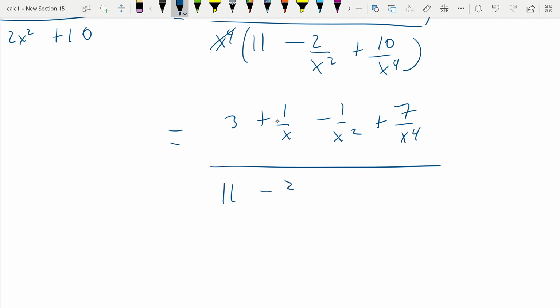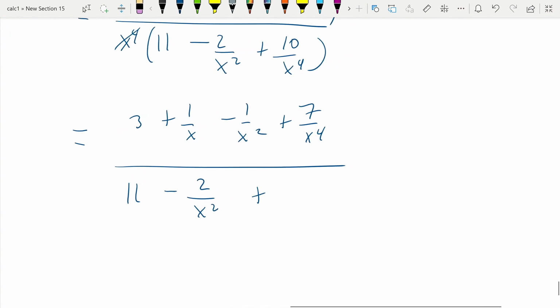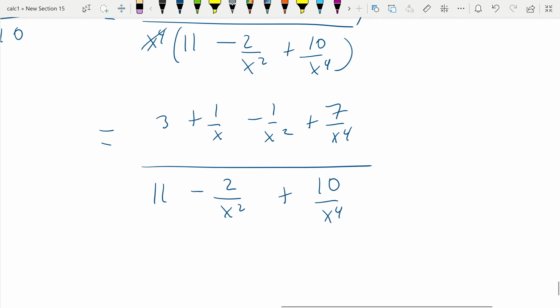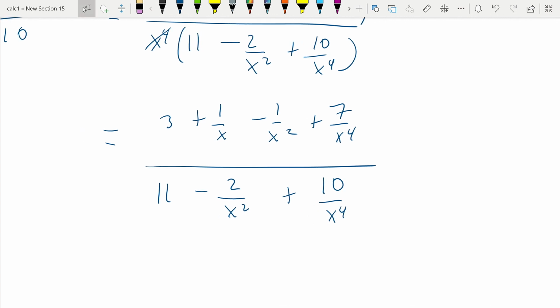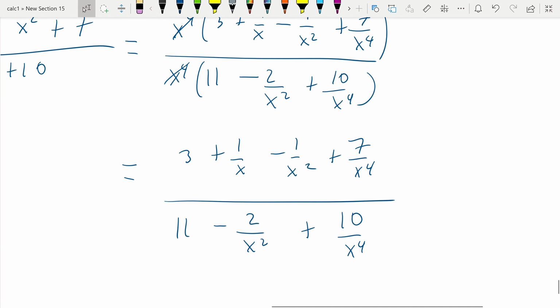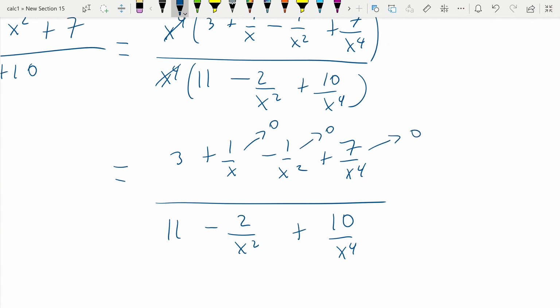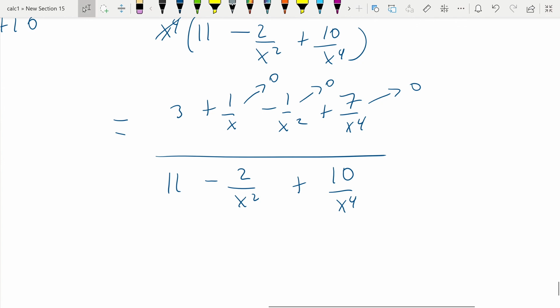Except for the first one, they all go to 0 in the limit as x goes to plus infinity. So 3 is just 3. When x becomes very large, 1 over x goes to 0, because you're dividing by something very large. The same is true for 1 over x^2, and for 7 over x^4.